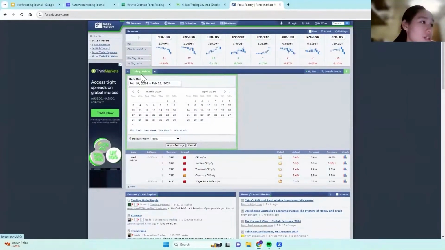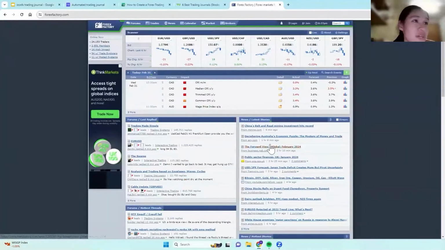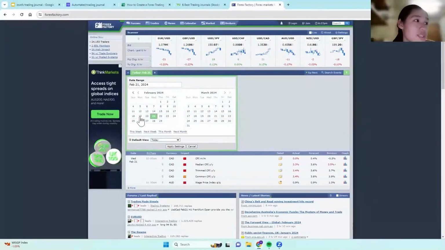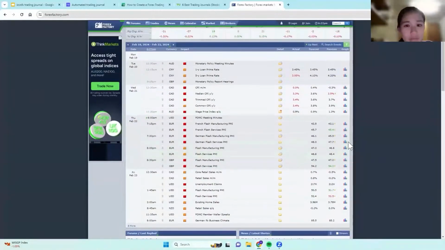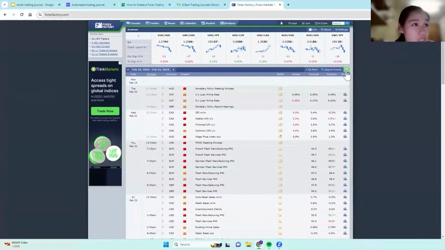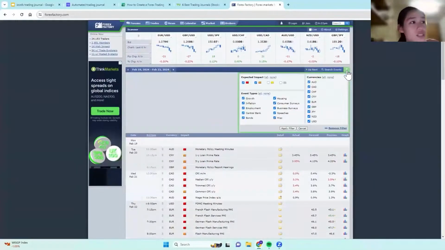So when you go into the page, it looks like this. Clicking on the date, you can select this week, apply settings, and you get the whole list of news events for this week. If you click on this green icon, you can see that I've filtered it to only the high and medium impact events.